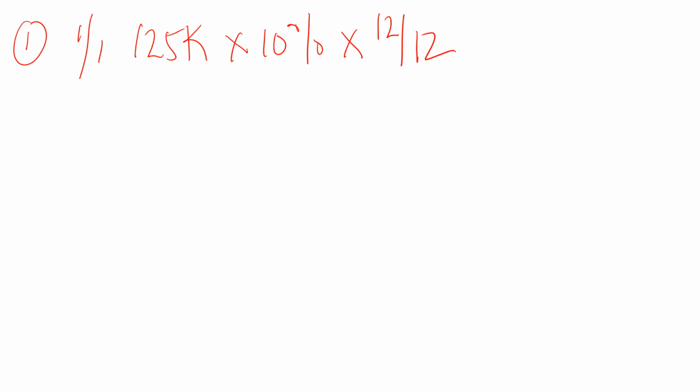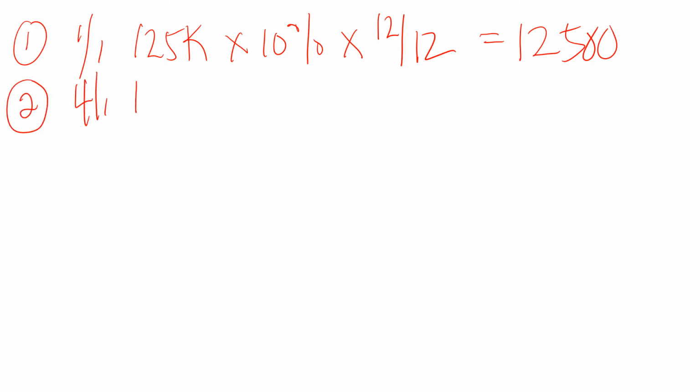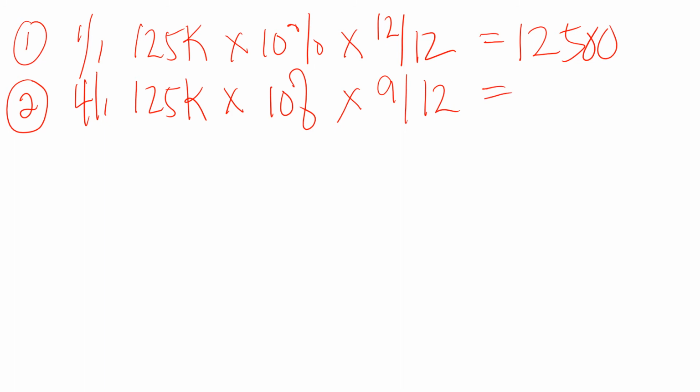So, outstanding siya for 12 months. So, lalabas, this is 12,500. Number 2, nakuha natin ng April 1, yung 125,000. So, i-multiply ko ulit ng 10%. Pero from April 1 to December 31 lang. So, that is 9 over 12. So, lalabas, this is 9,375.